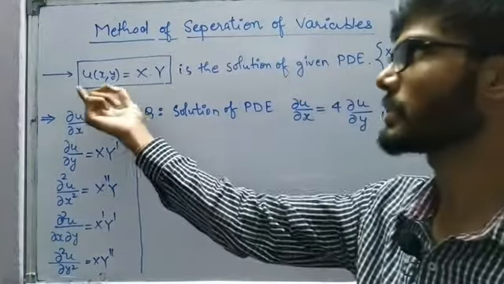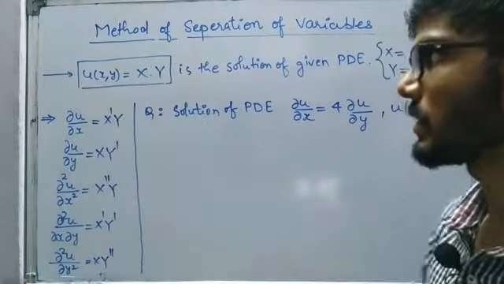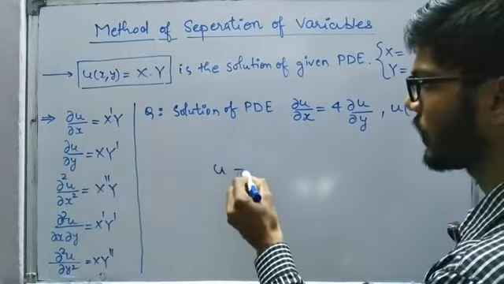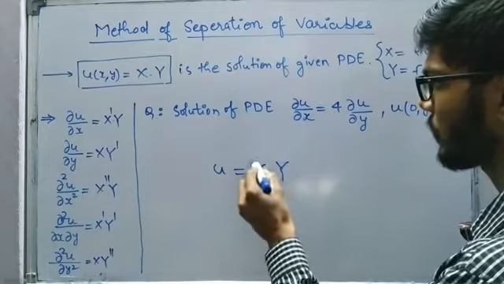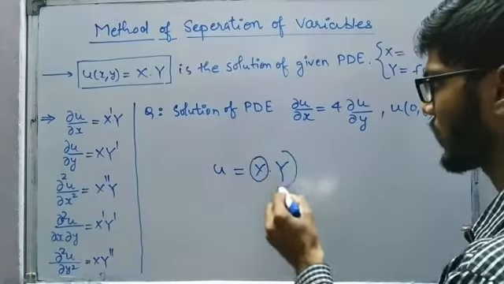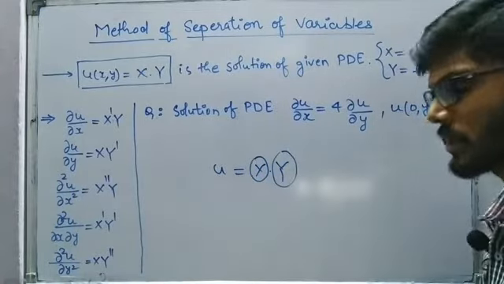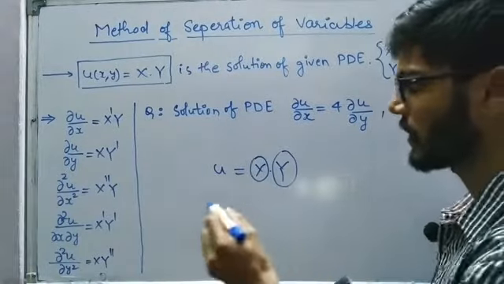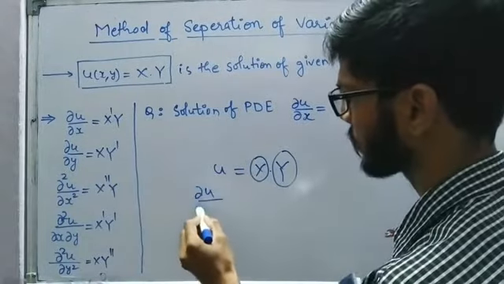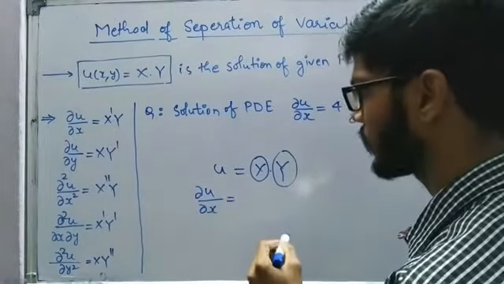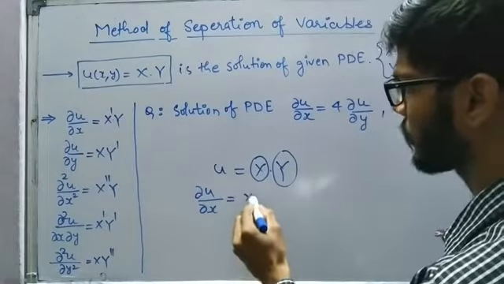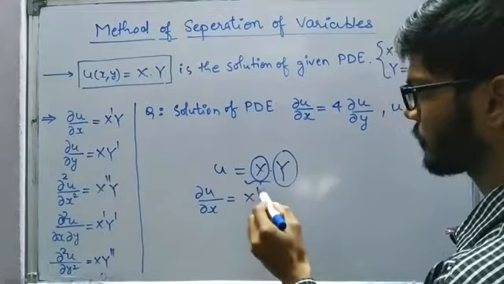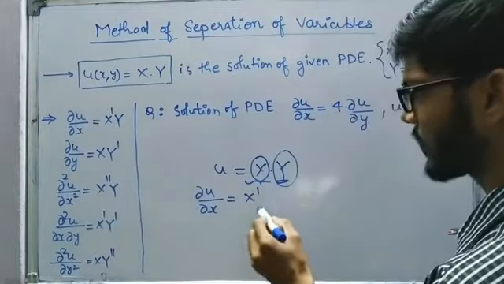So the solution itself, we are going to assume that u is equal to capital X times capital Y, where capital X is a separate function of x and capital Y is a separate function of y. What is the benefit? Whenever we see derivative terms like the partial derivative dou u by dou x, we differentiate only the x term, because with respect to x, y has nothing to do with it.